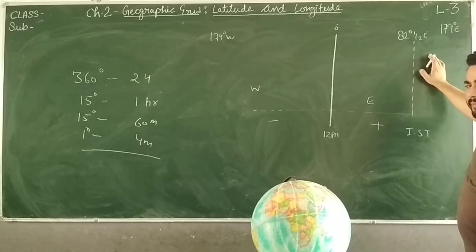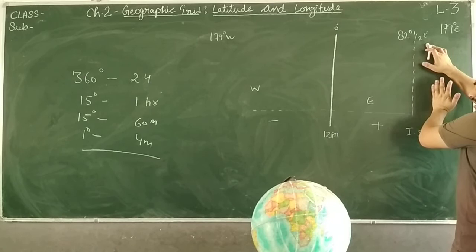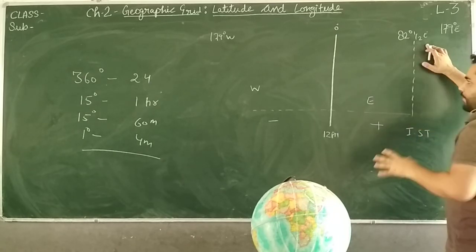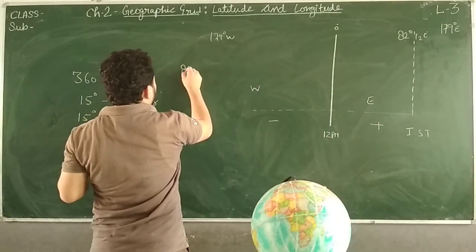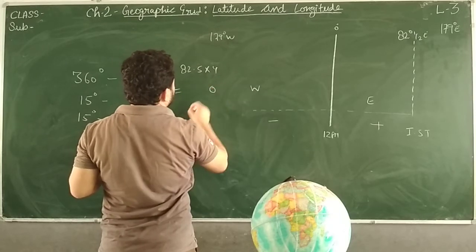It is the prime meridian, and we have fixed our time from this 82 and a half degrees only. And as it is in the eastern hemisphere, it will experience time first. 82 and a half multiplied by 4, how much will it be?